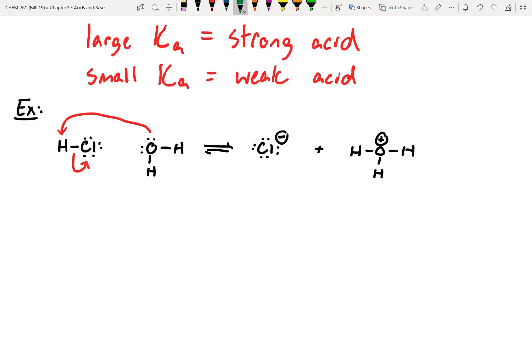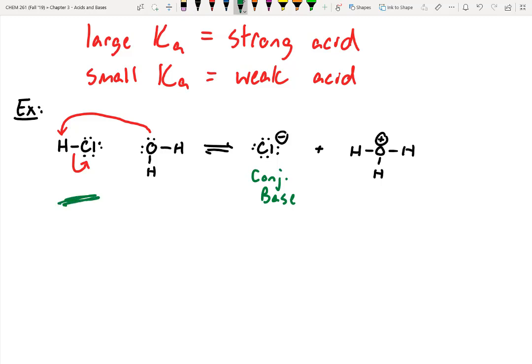In this case, what we're looking at is the conjugate base. Does this look like a pretty stable conjugate base? Cl-? Should be. The ocean has a whole lot of Cl- floating around in it, right? Saltwater, Cl- is incredibly stable. So this is a really stable conjugate base, which tells us a lot about HCl.